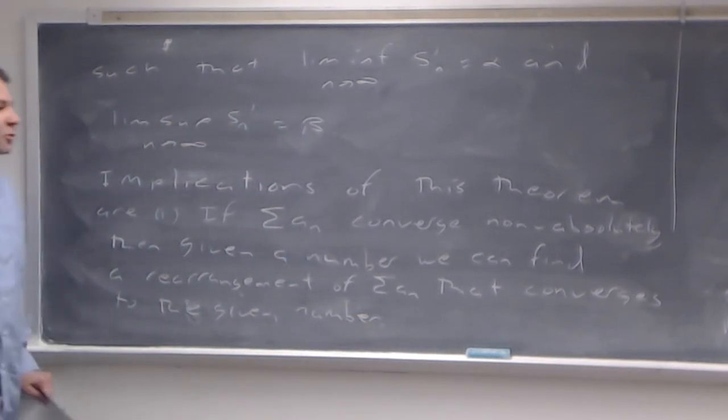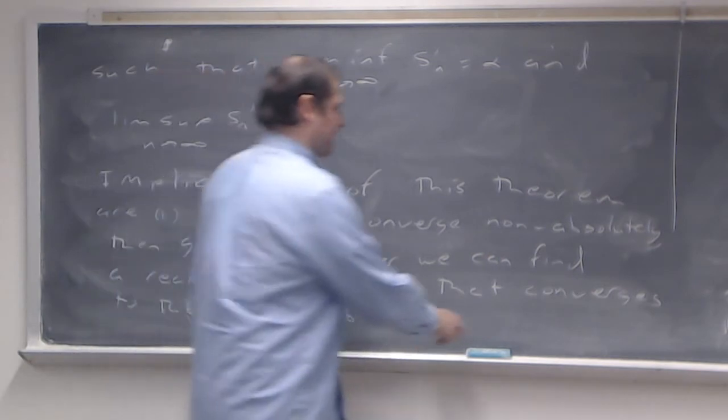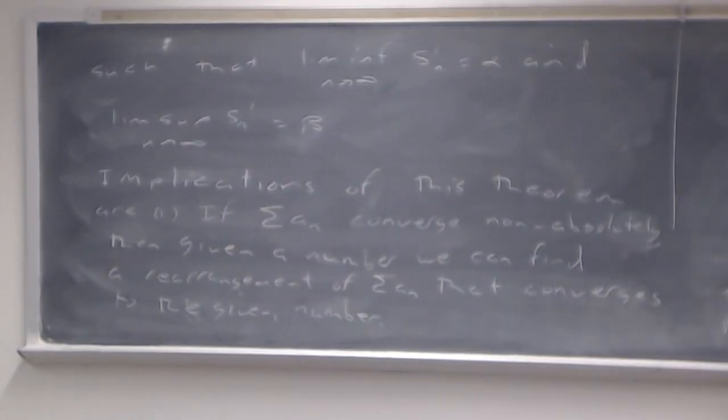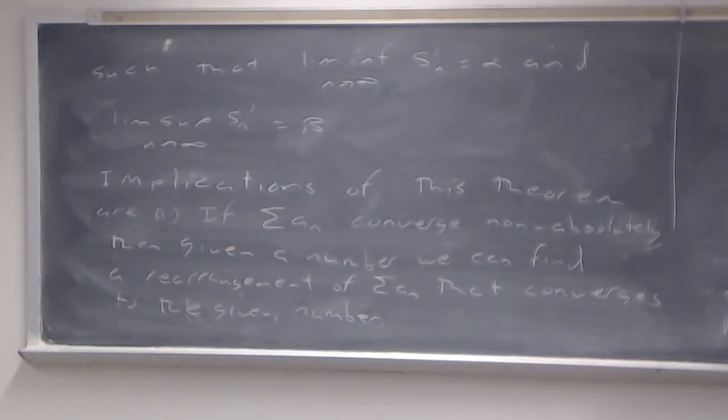So it's not that if you do a rearrangement, you're going to necessarily get another number. You can get any number you want by making the right rearrangement in terms of the answer of the sum. In this situation, where we have a convergent non-absolutely series of real numbers. And that's the first implication.